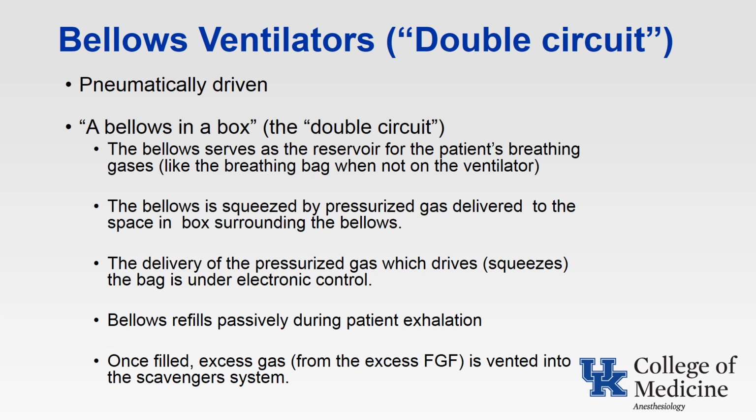The bellows serves as a reservoir for the patient's breathing gas. The bellows is squeezed by a pressurized gas delivered outside the bellows inside the box. The delivery of pressurized gas which drives is under electronic control. The bellows refills passively during patient exhalation. Once filled, excess gas is vented to the scavenger system.